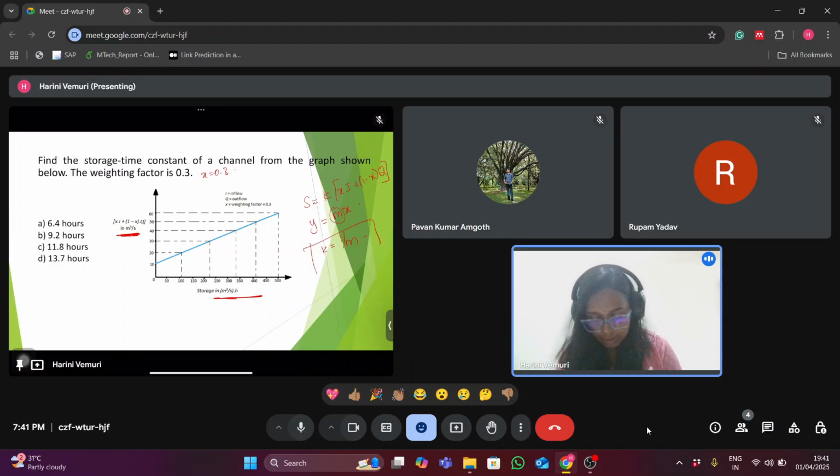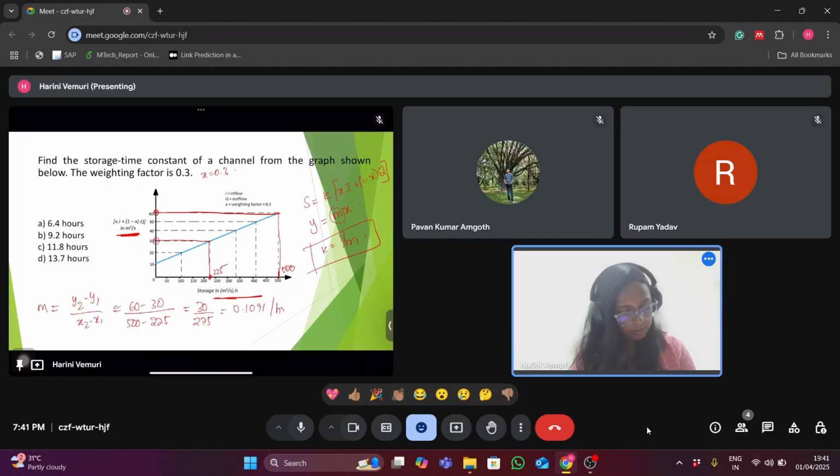So how are you calculating the slope value? Let's take these two points. For this, the value is approximately, I'm assuming, 225, and for this the value is 500. So the slope is (y2 minus y1) by (x2 minus x1), that is equal to (60 minus 30) by (500 minus 225), which is 30 by 275, 0.1091 per hour.